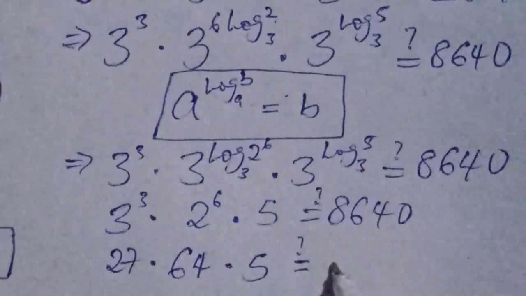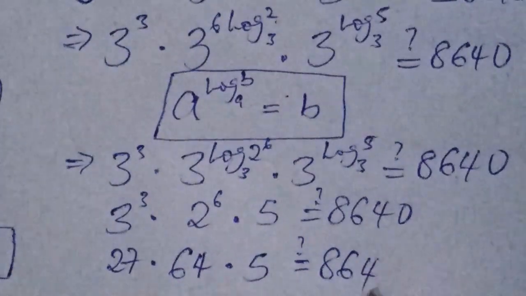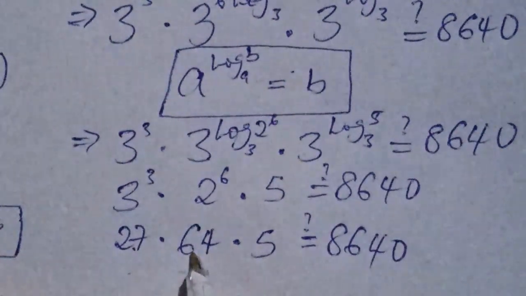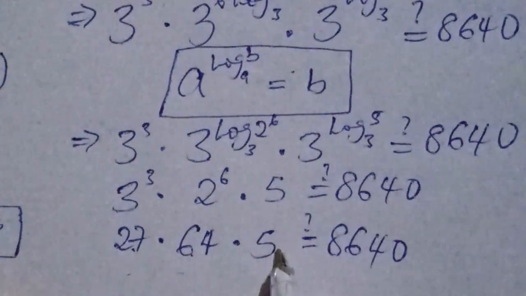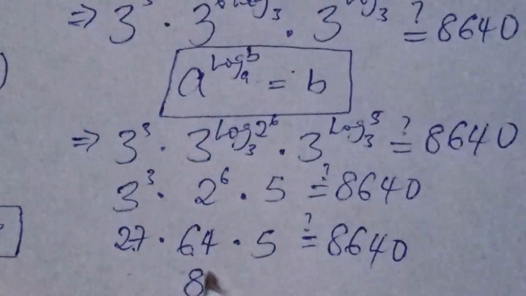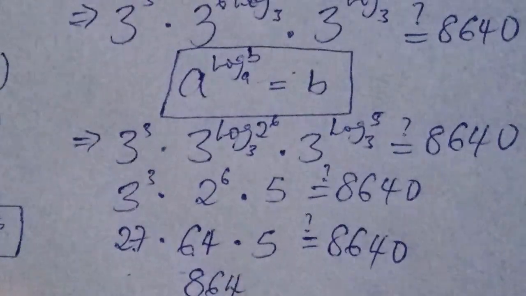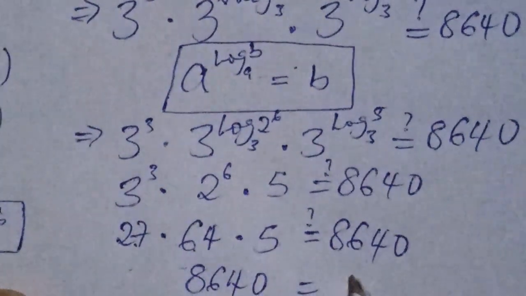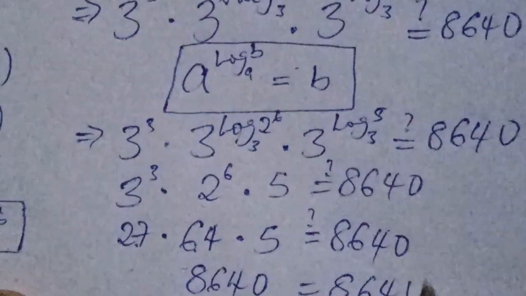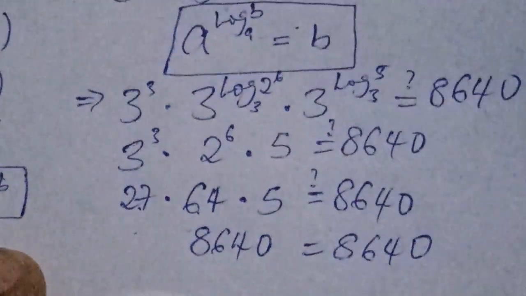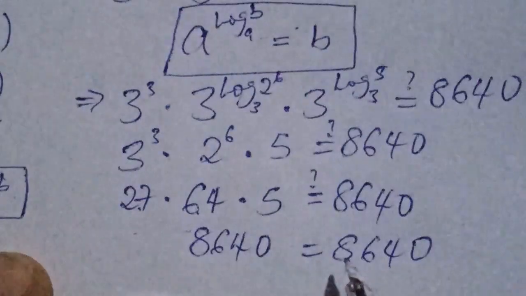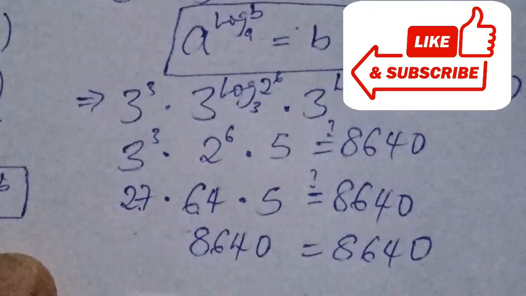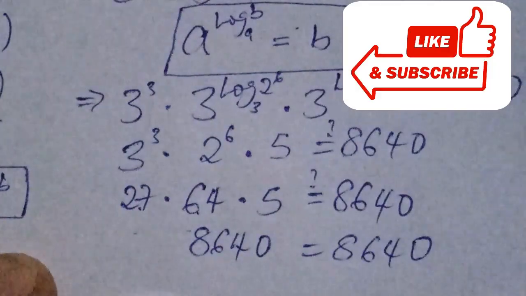Will that be equal to 8,640? If we multiply 27 by 64, then by 5, then we have 8,640, which is equal to the right hand side, 8,640. So there you have it. This has been verified, and checked that the value of x satisfies our earlier equation.